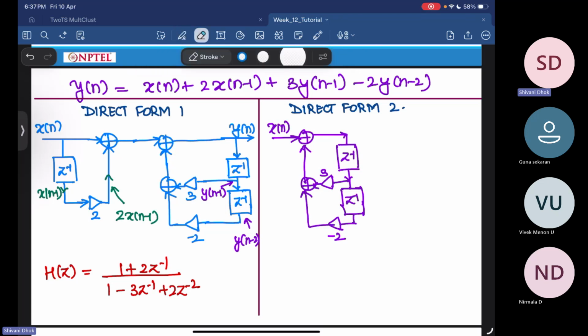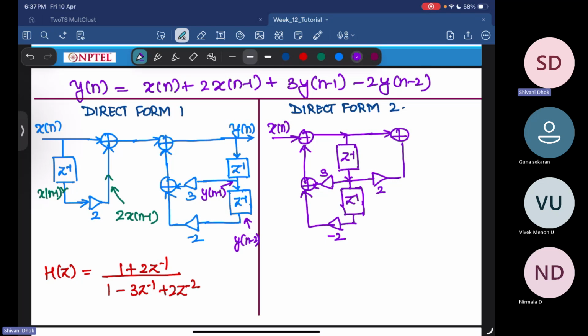And then after interchanging, this part will be given here. So basically this point and this point are same, and so is this point. So what will you get? This is as it is. This will pull out a branch from here that will have a gain of 2, and this will get added here. That will give me output y of n.